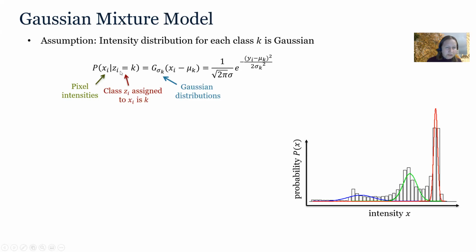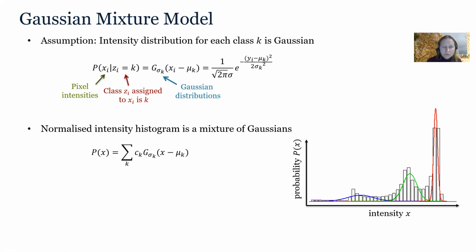So for each pixel and its intensity, we can calculate this kind of probability that it's from class k. And this probability is expressed by these three different Gaussian distributions. Now we would like to express the probability of observing an intensity independent of which class it is. And we can model that as a mixture of Gaussian distributions.